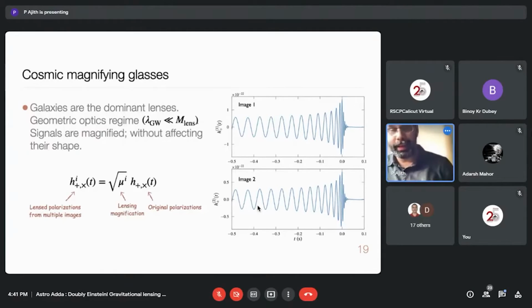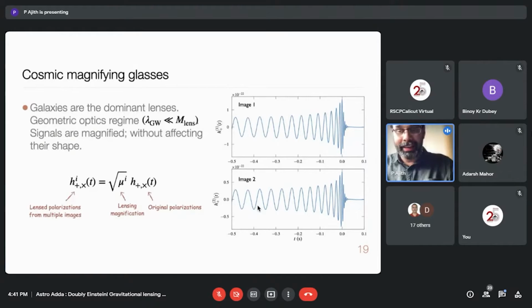So the way to detect gravitationally strongly lensed gravitational waves is by looking at gravitational wave signals that look very, very similar to each other, separated by time delays of minutes to days or weeks.